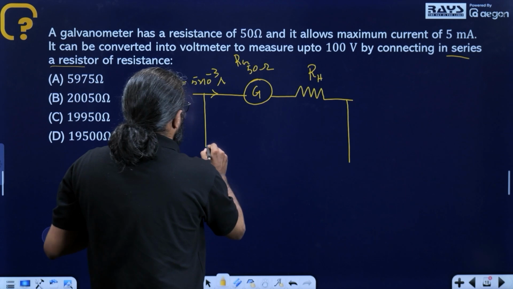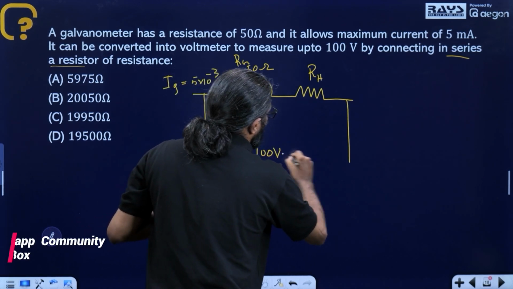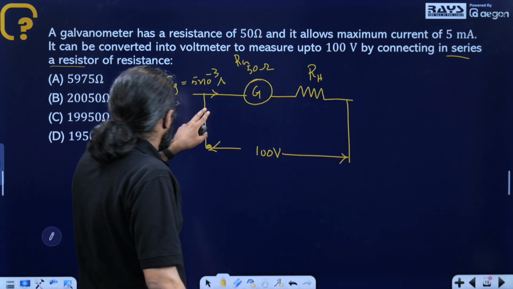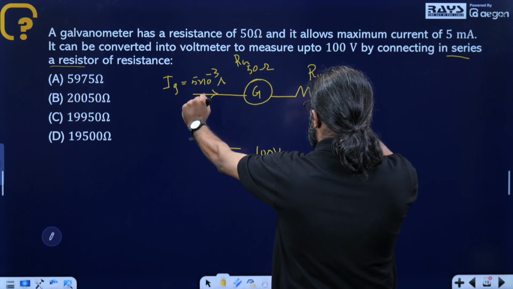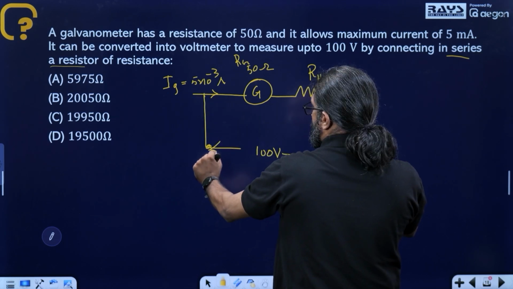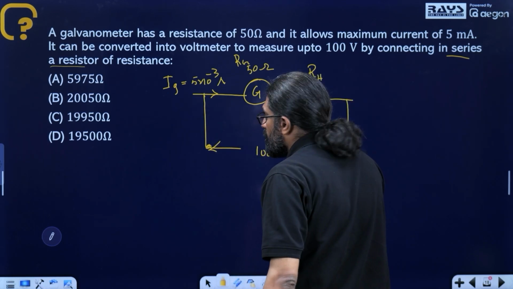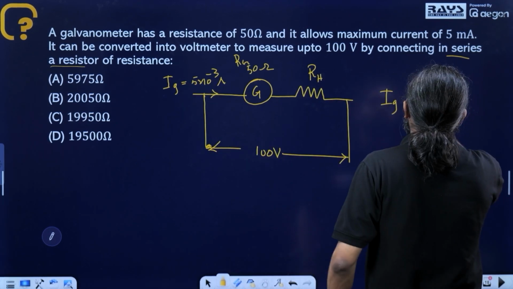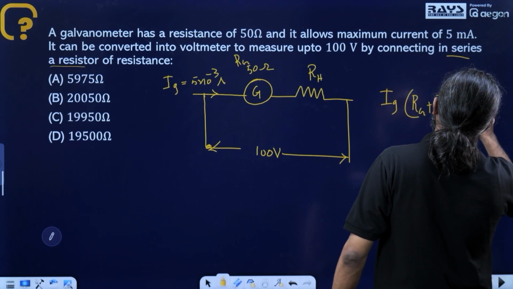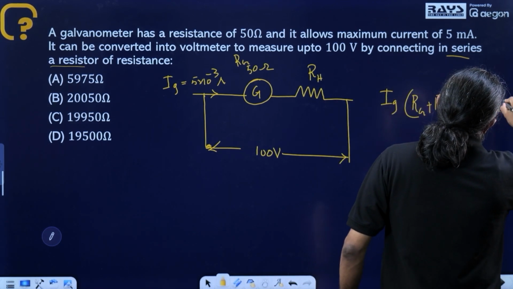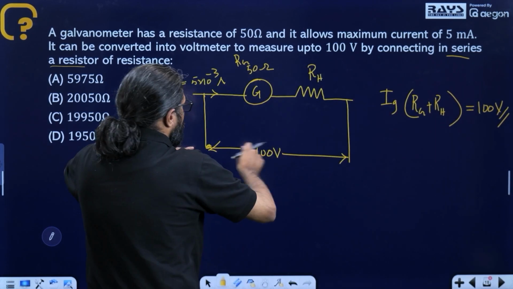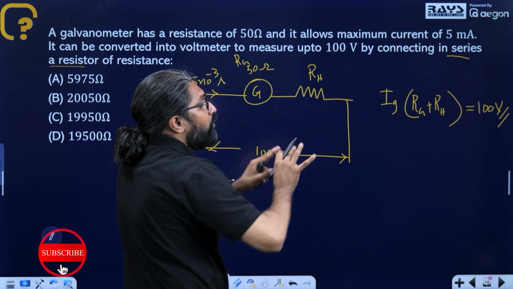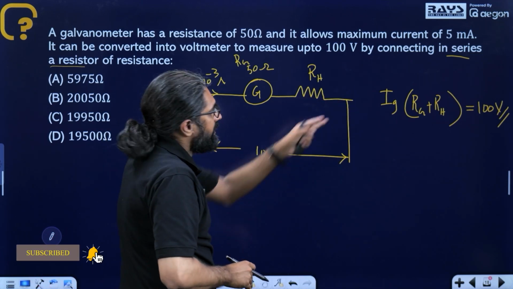If I have to measure a potential drop of 100 volt with this combination, it is very clear that the potential drop across this system can go up to a maximum of 100 volt, which means for maximum current, Ig into Rg plus Rh will amount to 100 volt. That is the maximum voltage that can be measured by this system. The maximum potential drop across this will happen when the maximum current flows through it. That is the logic. All right.